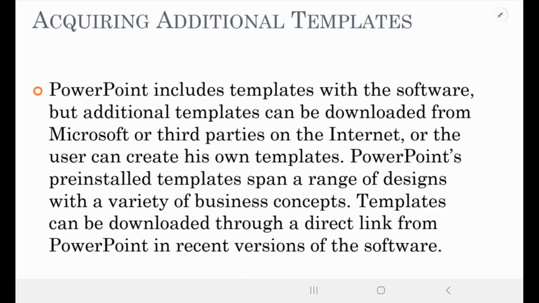You can download additional templates from the site of Microsoft Office as well, or you can also download additional templates from third parties on the internet. The templates that Microsoft has not made, other third parties have made, and you can use them.